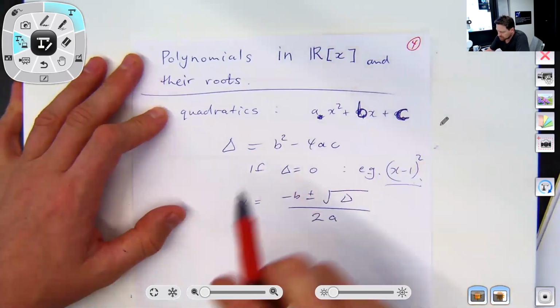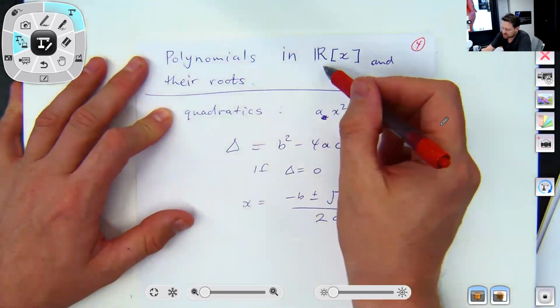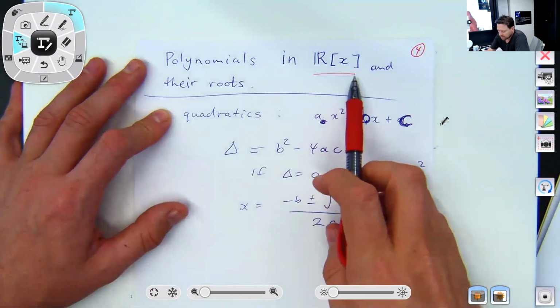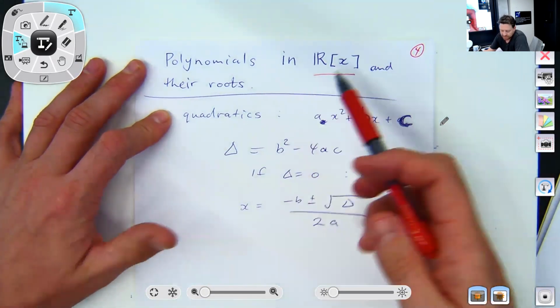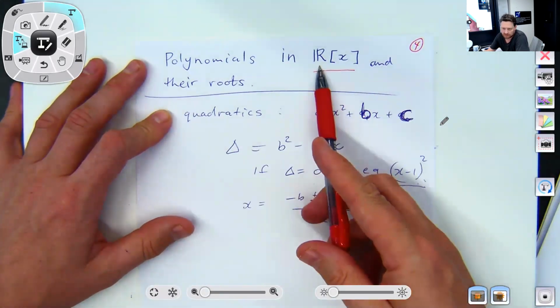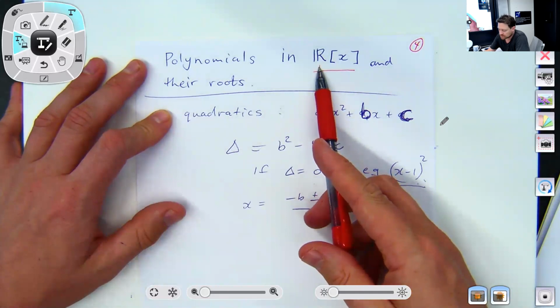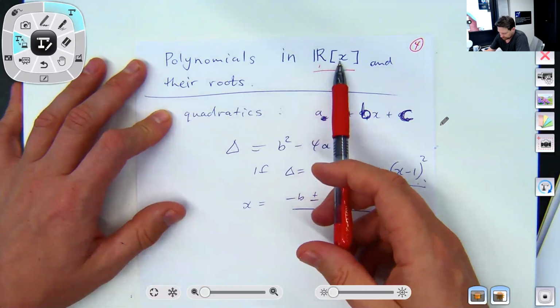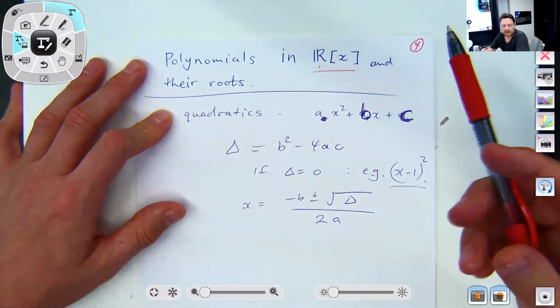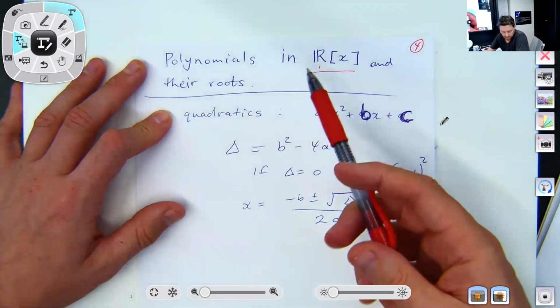So polynomials. So here I've got the description of the set. Technically this refers to a ring, right? So a ring of polynomials. So here we have a field R, so the field of real numbers, and then it says that this is basically the powers of X times real numbers, right?